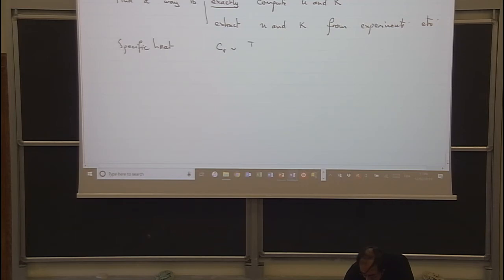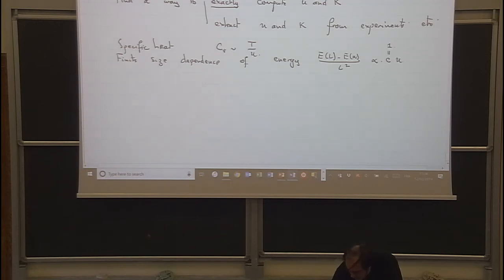Specific heat is proportional to T over U. If you can compute from better ansatz the specific heat, you get U. Finite size dependence of energy. E of L minus E of infinity divided by L square is proportional to something called the central charge, which measures the number of massless modes, which is 1. And then there is U, and then you get U.